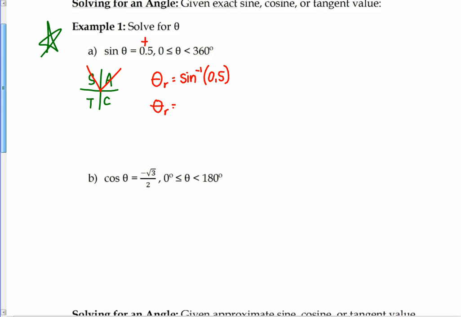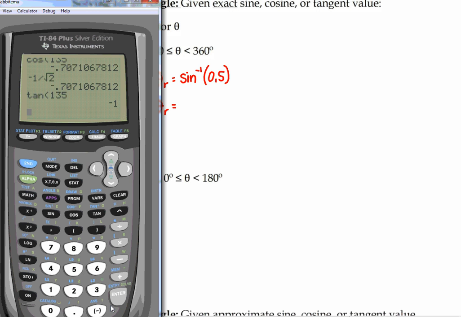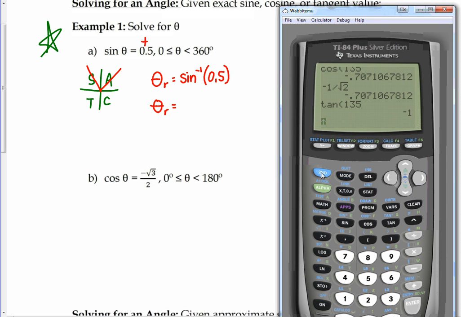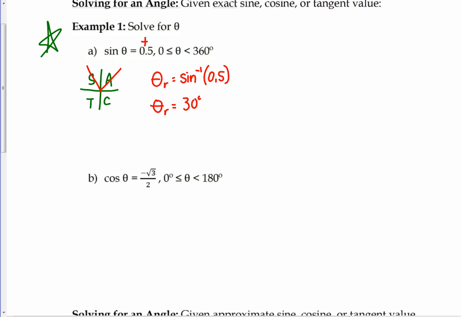What does that give you? Only part of the answer. Remember, we always put the positive ratio in, because we want the reference angle, the acute angle. So if the ratio was negative, we would just inverse the positive.